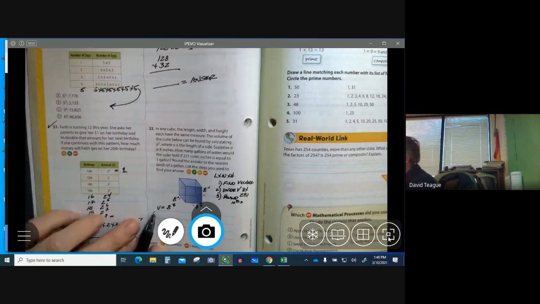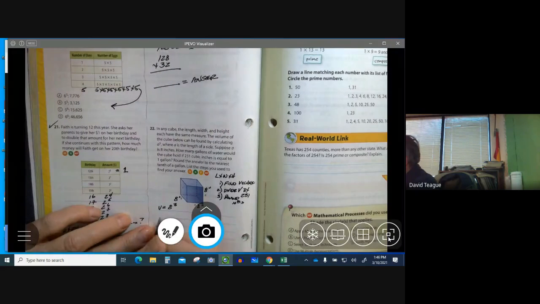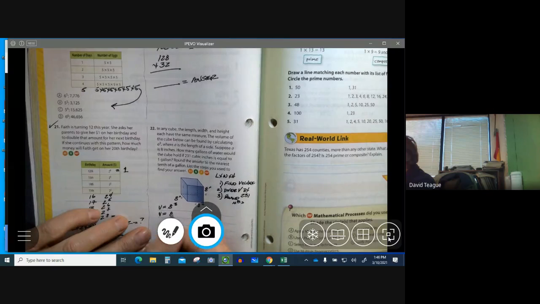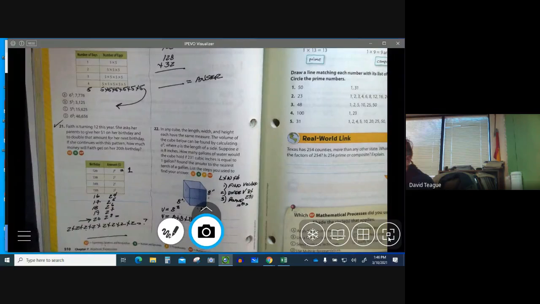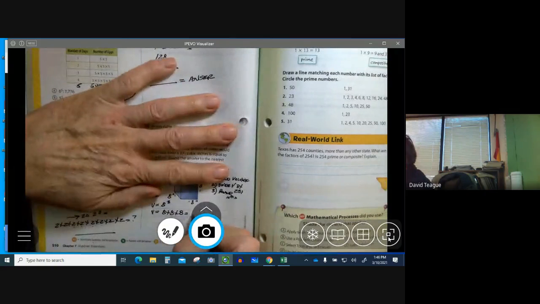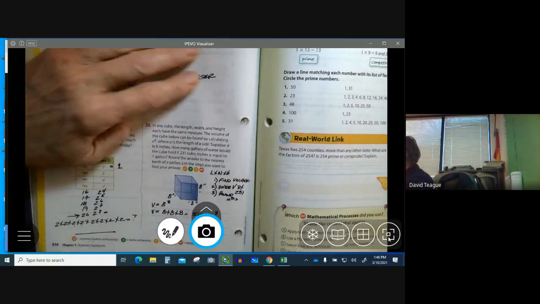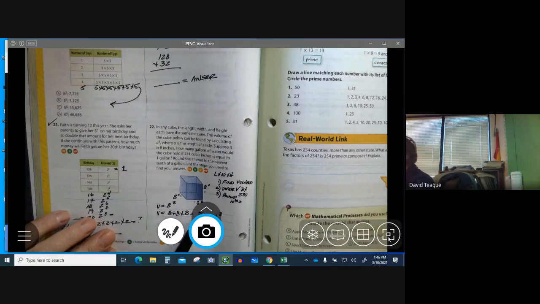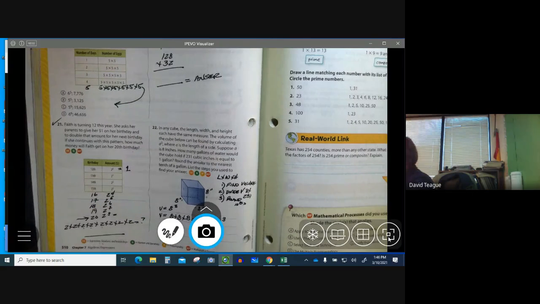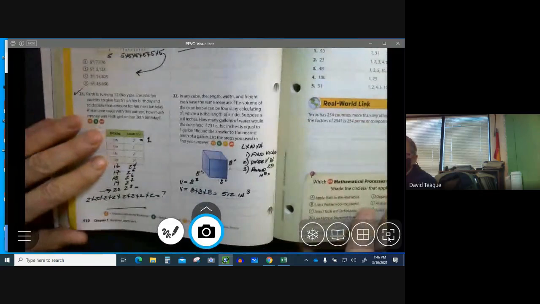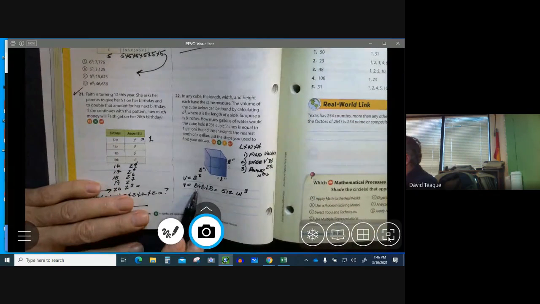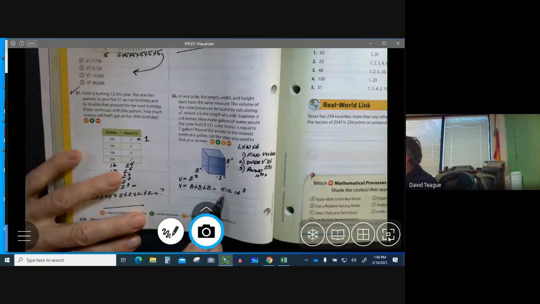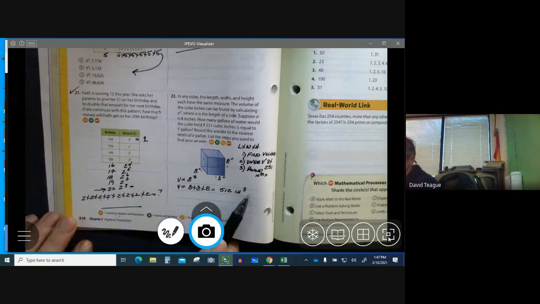Okay, so volume is equal to 8 to the 3rd power. So volume is equal to 8 times 8 times 8. And when you multiply that, you actually get 512 inches cubed.